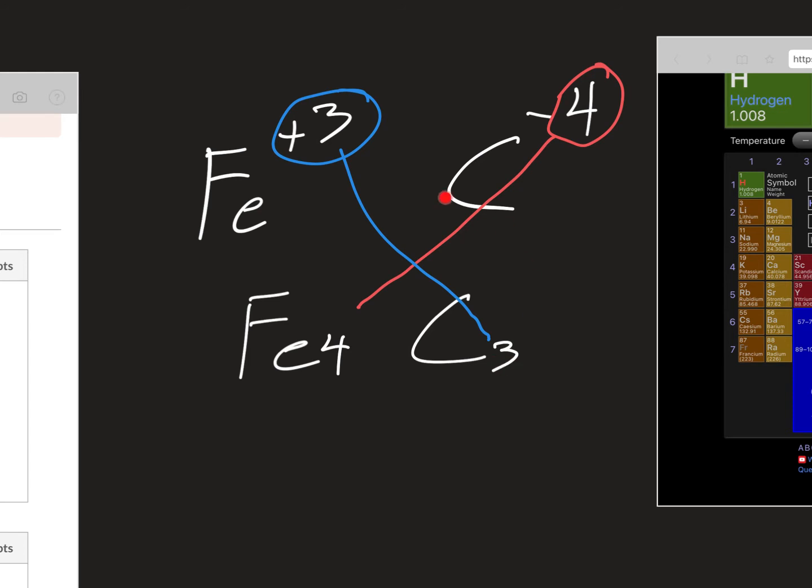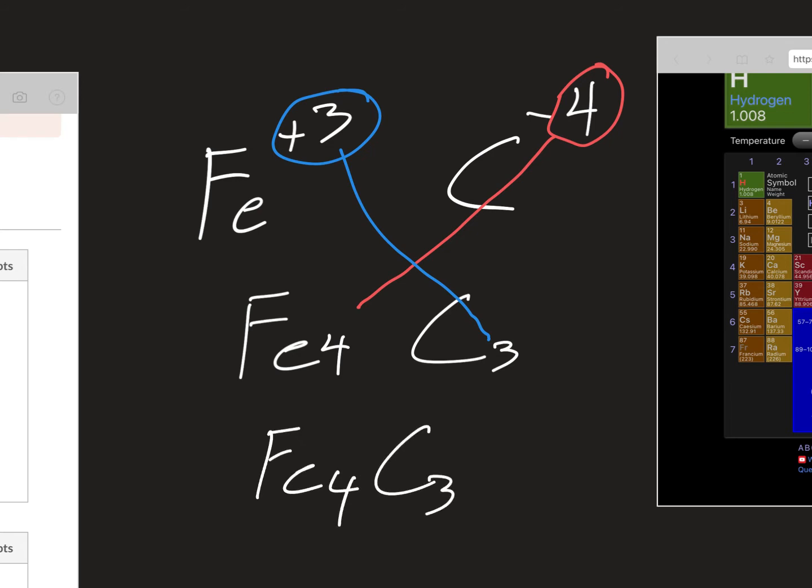Why do I need that? Because I'm trying to get a balance of these charges. And if you do 4 times 3, that's going to give you positive 12. 3 times 4 is going to give you a negative 12. So they would neutralize one another and they would no longer have a charge at all. If I can reduce, I would reduce it this time, but it doesn't seem that I can. And so I can just rewrite this all nice and neat as iron 4, carbon 3.